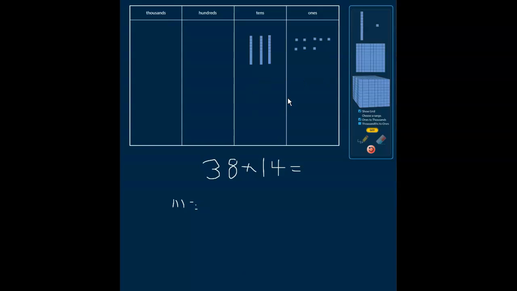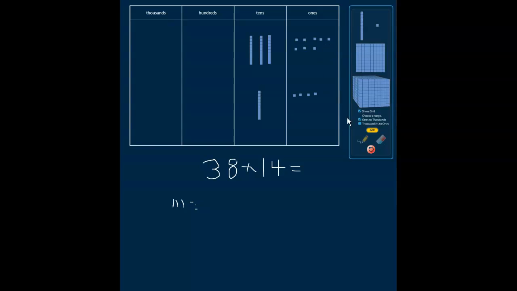So then on our working mat, on our HTO chart, let's go ahead and show 14 also. And in the number 14, I have 1 ten and I have 4 ones. And again, I'm going to try to make them in rows of 5. That way it's like a tens frame. So here's my 14, here's my 38.